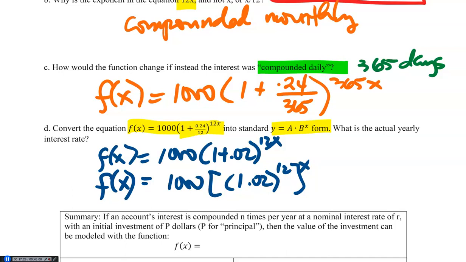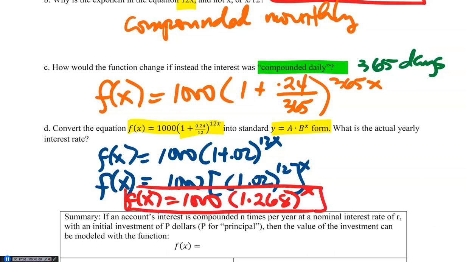And 1.02 raised to 12 is 1.268 raised to x.